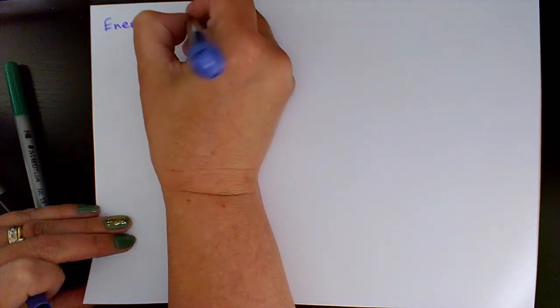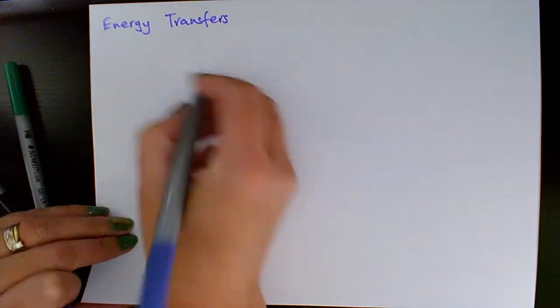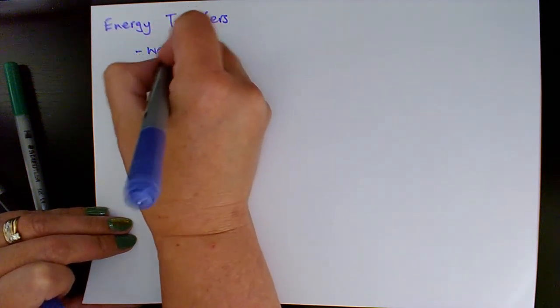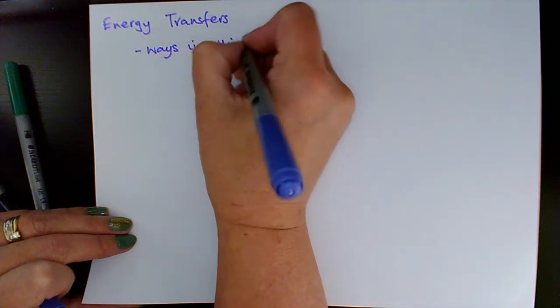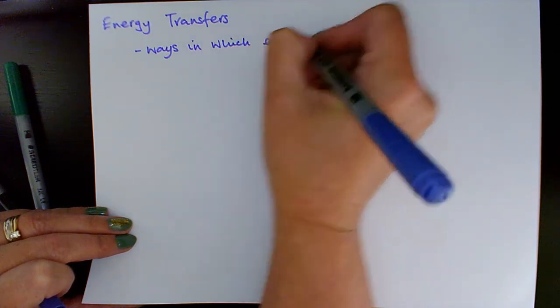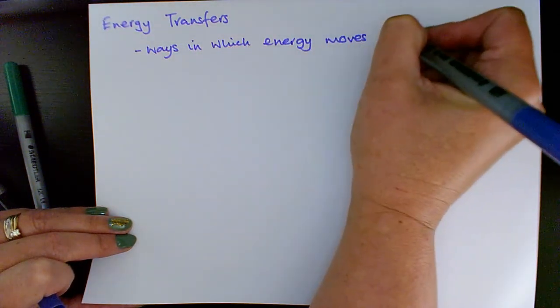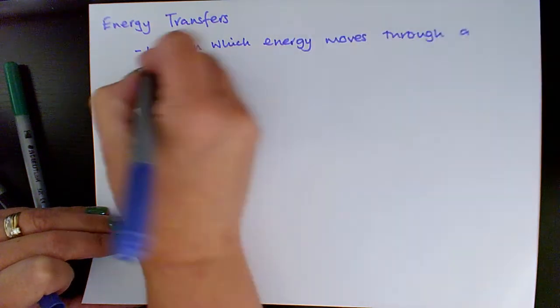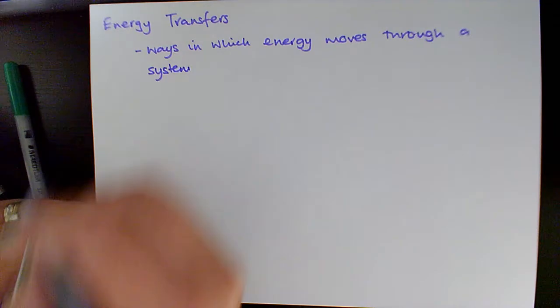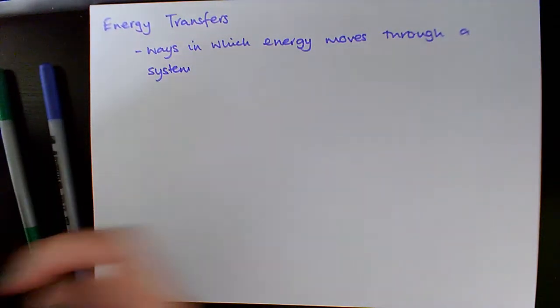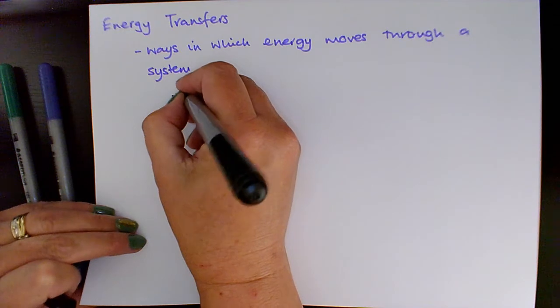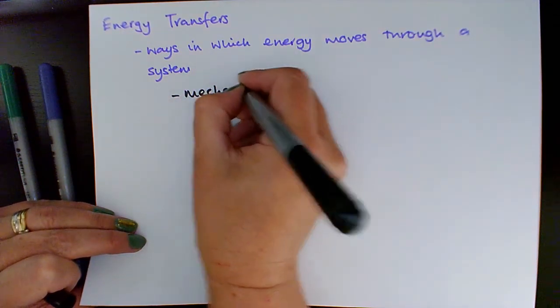Now, because energy can be transferred between systems, we need to think about how that energy can be transferred. So energy transfers are ways in which energy moves through a system. And there are 4 ways that energy is moved. It can be moved by forces, which we call a mechanical movement.